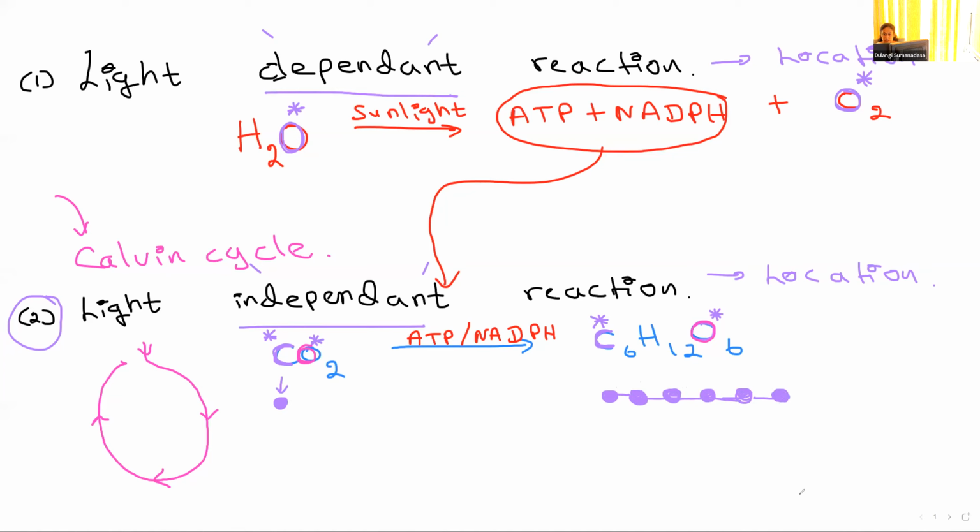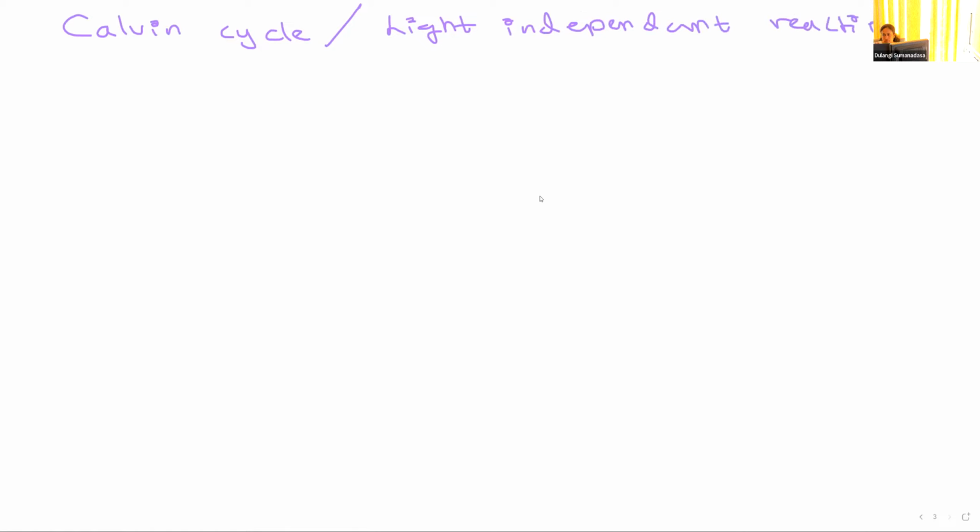So let's draw the Calvin cycle, right? So write down the topic: Calvin cycle / light independent reaction. If we draw a cycle, it always goes clockwise.